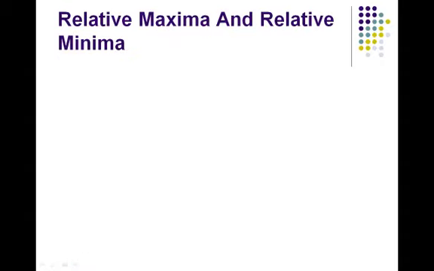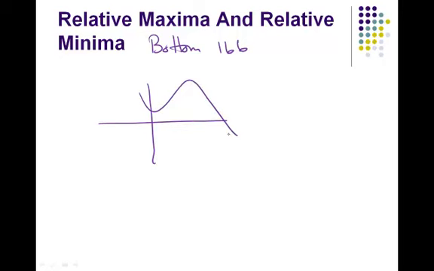The next topic is relative maxima and relative minima. And again, if you'll look at the bottom of page 166, you can see a graph that they have shown in the book. Looks something like this, and it talks about relative minimum and maximum values.